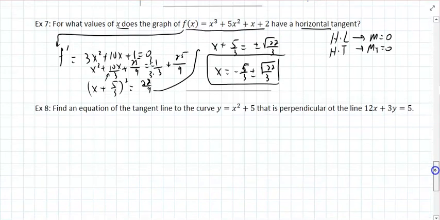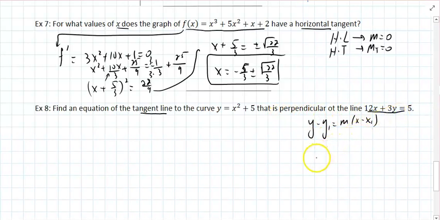And if I look at the next problem, find an equation of the tangent line. Well, to find the equation of a tangent line, y minus y1 equals m times x minus x1. I need a point. It doesn't give me a point. That is perpendicular to this line. Find the equation of a tangent line that's perpendicular to this line. So first, I need the slope of this line.